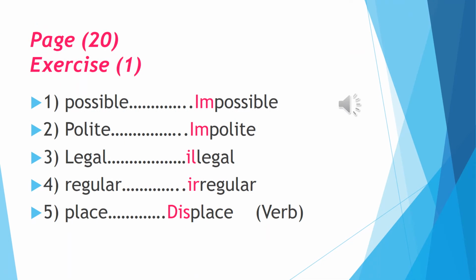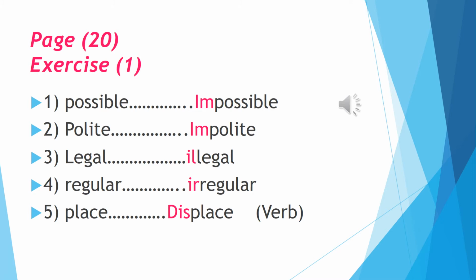On page 20 in your book, you have exercise 1. This exercise is asking you to use the correct prefixes to add them to the words. Again, words, so maybe they are adjectives, maybe they are verbs, okay? So it depends.